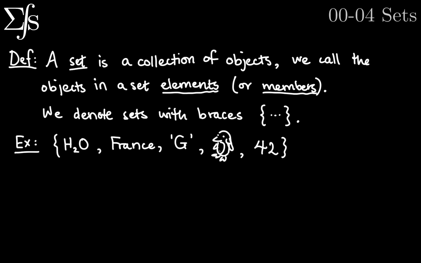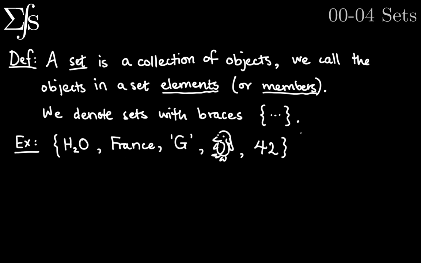Okay, so that's a set. That set has, let's see, 1, 2, 3, 4, 5 elements inside of it. The elements are H2O, France, the letter G, this drawing of a penguin, and the number 42. There's no clear relation between any of those things, but what you can tell is it's just a list of objects.